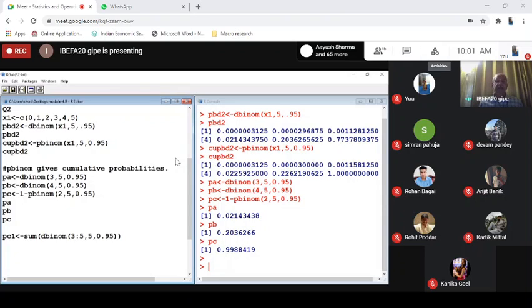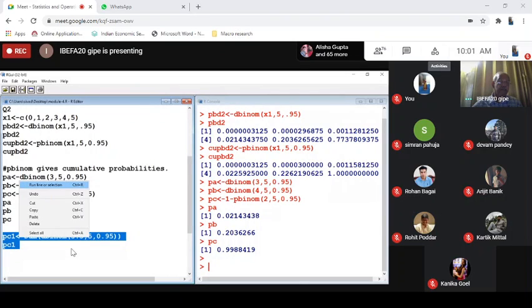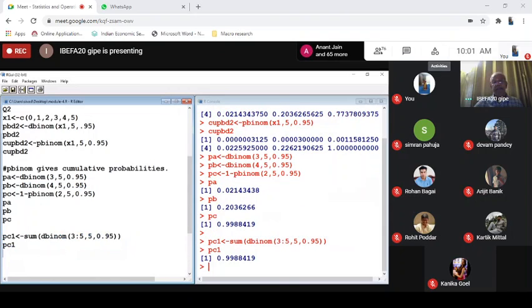Alternative way, another way. Add up the individual probabilities from 3, 4, 5. See the answer. Same probability, the same probability you are going to get. This is question number 2.